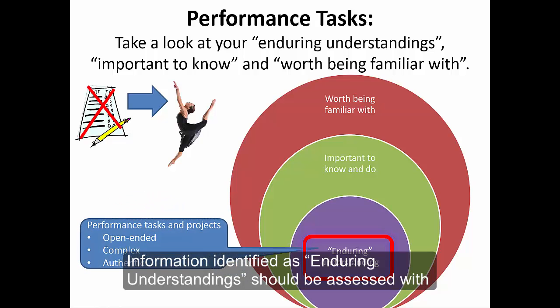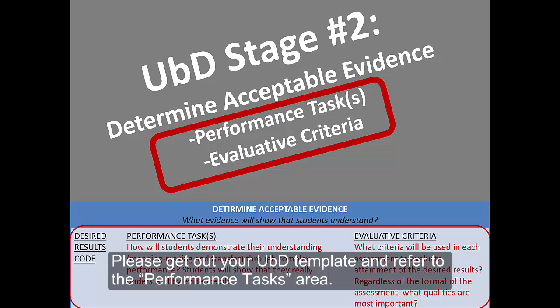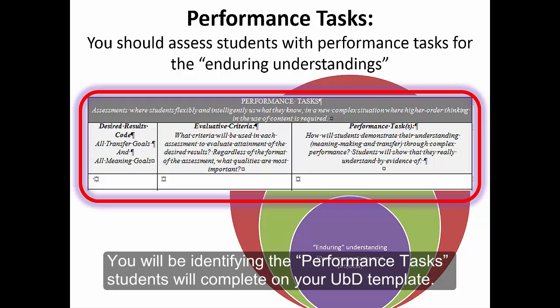Information identified as enduring understandings should be assessed with performance tasks and projects that are open-ended, complex, and authentic. Please get out your UbD template and refer to the performance task area.